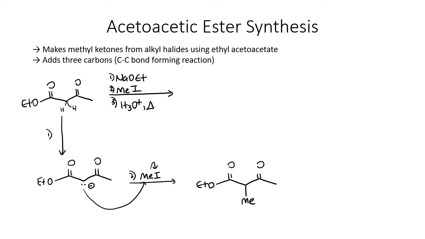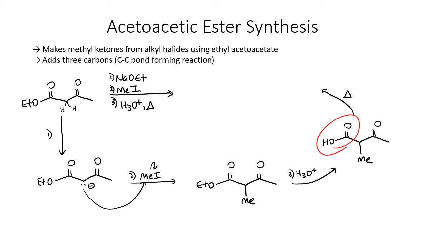Then we're using H3O+. Now I'll leave the heat out for the moment, but H3O+ is going to convert our ester to a carboxylic acid. And lastly, the heat is going to cause decarboxylation where we're going to lose the carboxylic acid only.